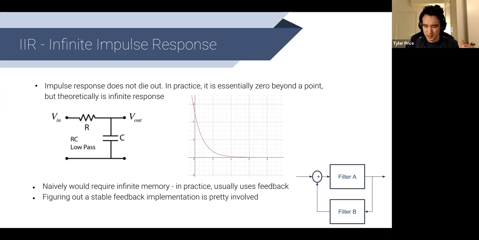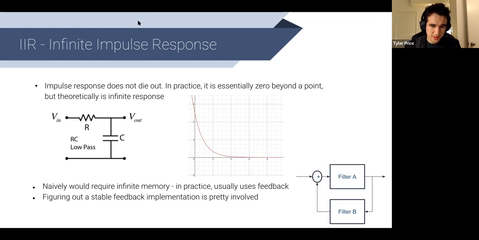So a way around this, to implement it on a microcontroller, would be to look at the important part of the impulse response, the part that's non-zero, and after a certain point, just truncate it and say beyond this point it's going to be effectively zero, and stuff beyond this point won't significantly affect our signal.